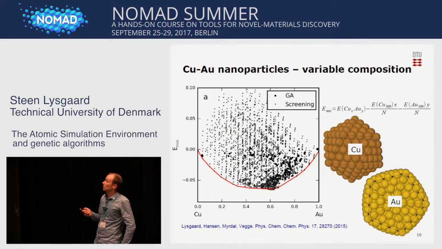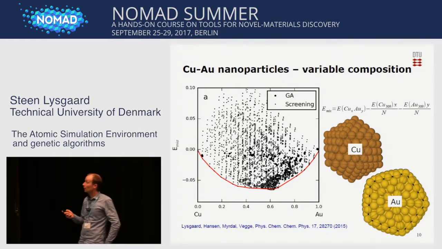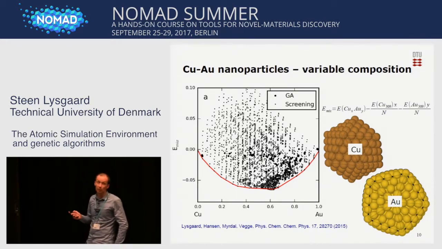In that sense, we use the energy of a mixed particle and subtract the chemical potential, which we define from just a pure particle. Now these are highly symmetric particles, so we first did a screening of all.